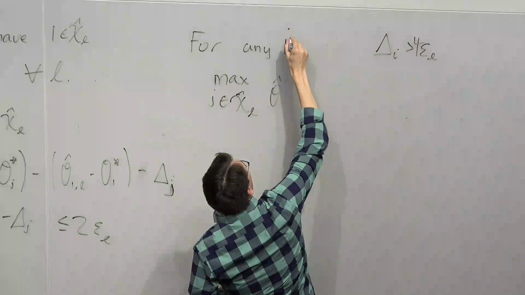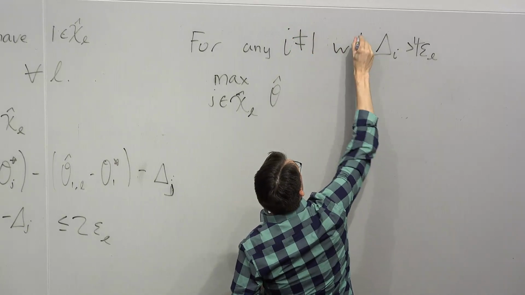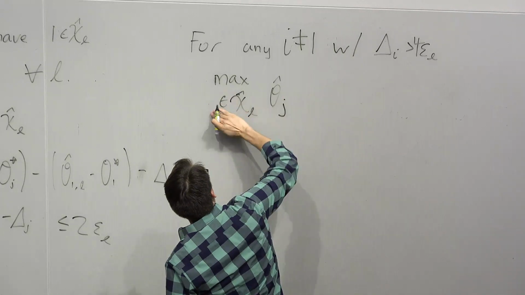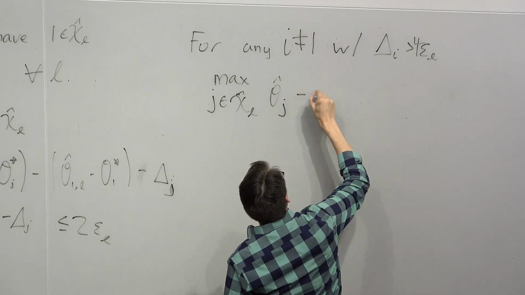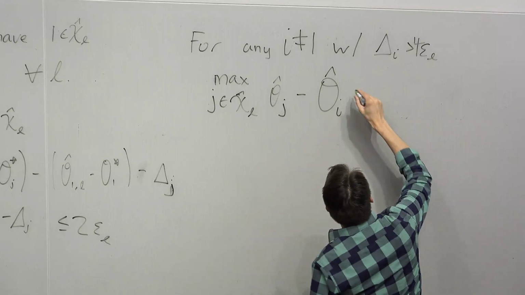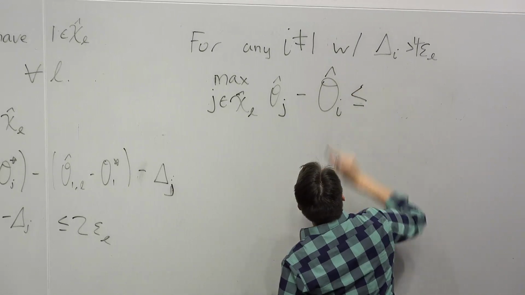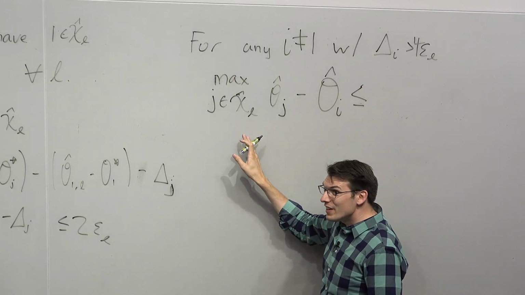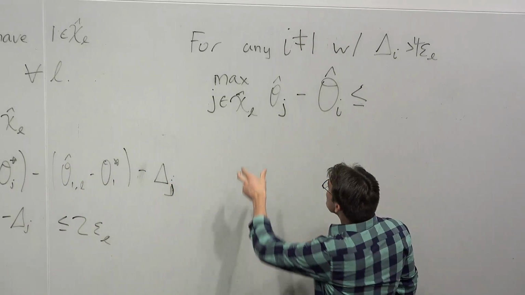For any i not equal to 1, okay. Now what I'm going to do, the argument here is that 1 is in X hat L. We just proved that for all L. Therefore, I don't know what this value is.